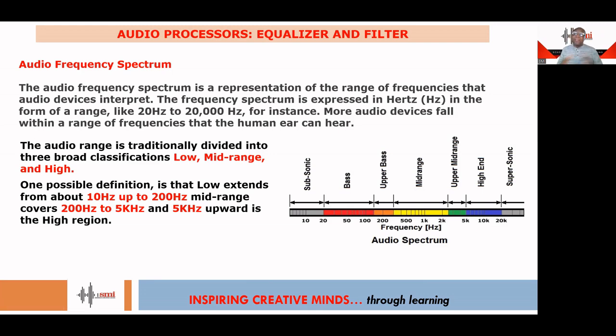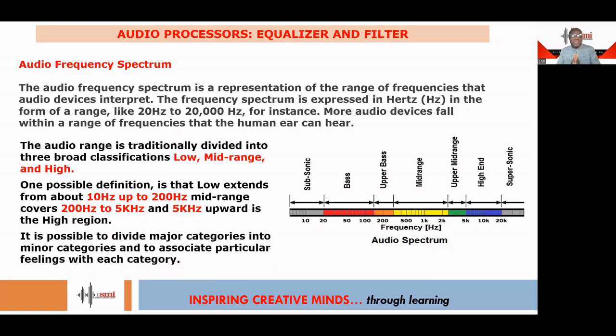But majorly in our mixers, we have 4 zones: the high, the high mid, the low mid, and the low. So it is possible to divide major categories into minor categories and to associate particular feelings with each category.